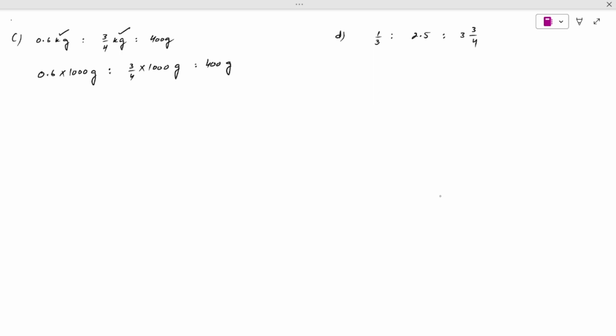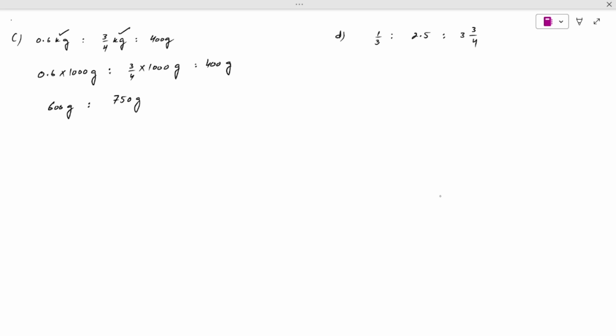This third quantity is already in grams. So multiplying 0.6 by 1000, we get 600 grams ratio, and simplifying 3 over 4 multiplied by 1000, we get 750 grams.